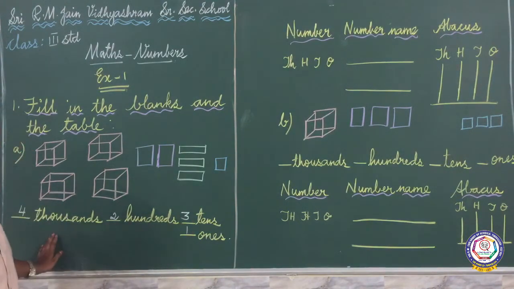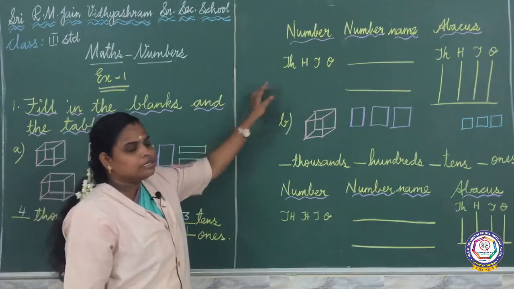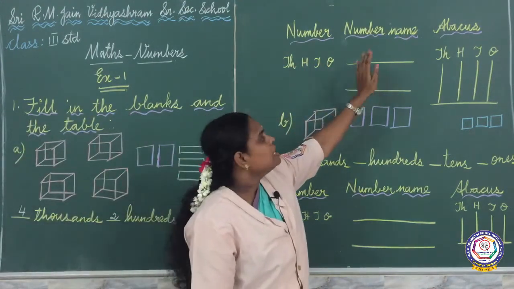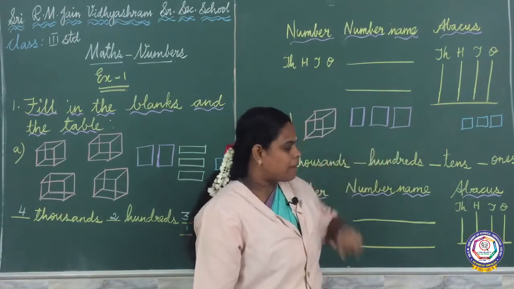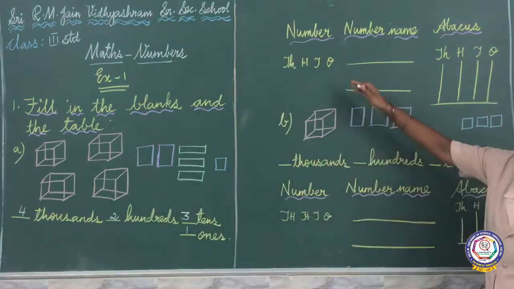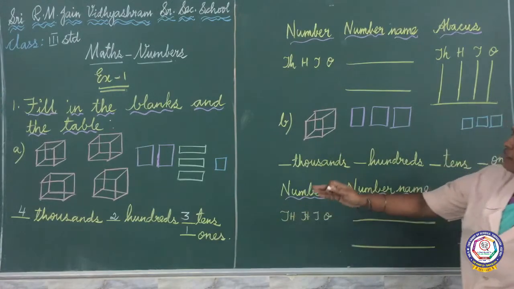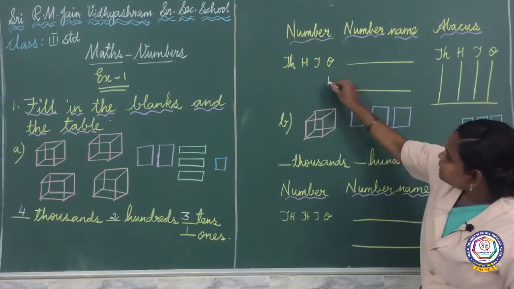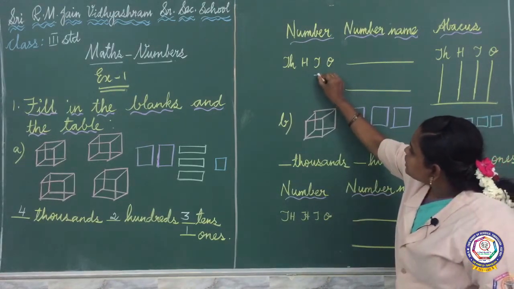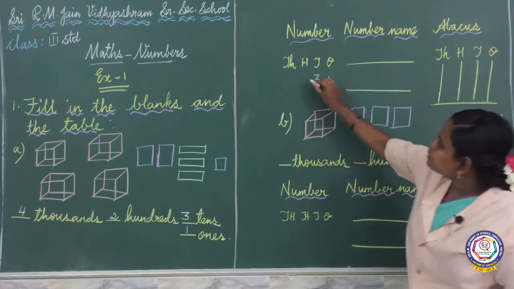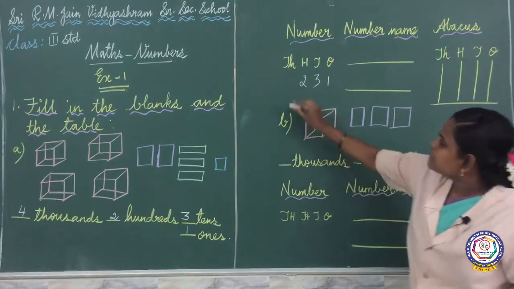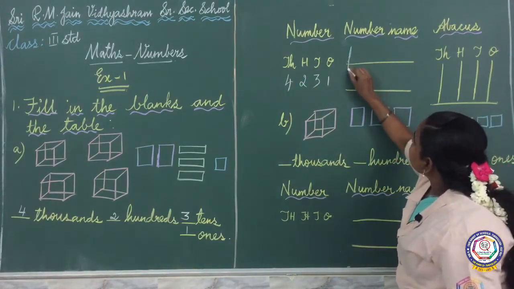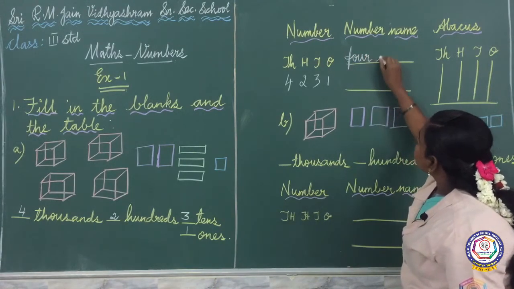4231. Next, we are going to write the number in the place value chart. Then we are going to write the number name. Then we are going to write it in the abacus. So in ones place 1, then tens place 3, then hundreds place 2, then thousands place 4.